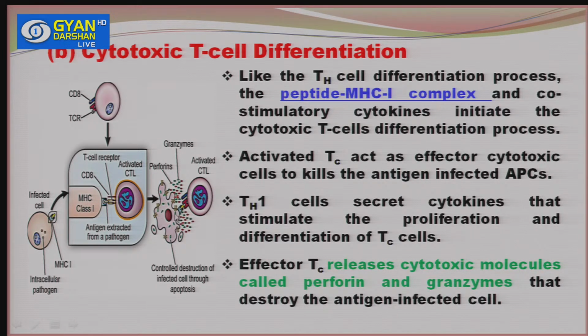So the antigen-infected cells are recognized by the effector T cells, which release perforin and granzymes, and ultimately the antigen-infected cell will die.